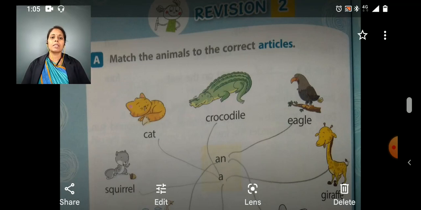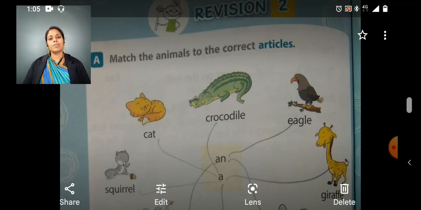You can see that in the first exercise, A, match the animals to the correct articles. In articles, I have made you understand the use of a and an. I have told you that a is used before a consonant and an is used before vowels.